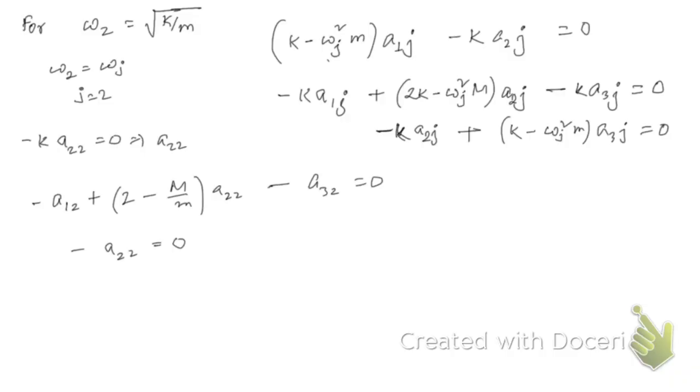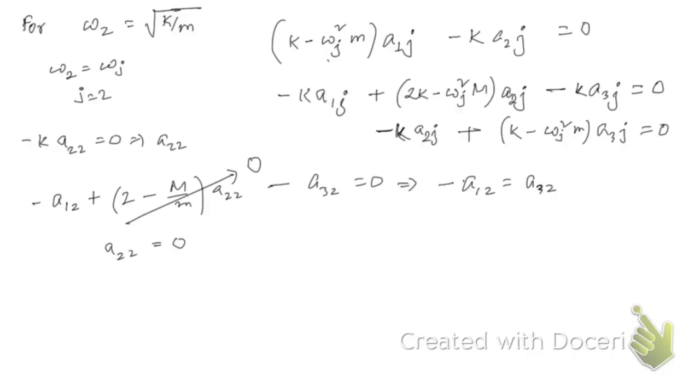Again that gives you a22 equal to 0, right? Hope you have understood this. So if a22 is equal to 0, this part will be equal to 0. Then from this equation we end up getting minus a12 is equal to a32.